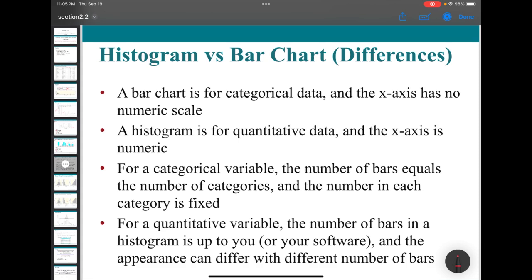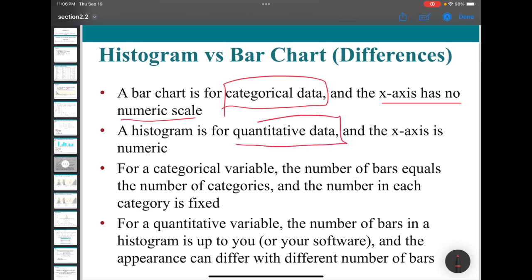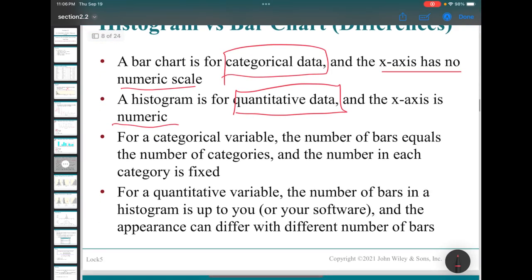In the next slide, you can see I have clearly mentioned those things using bullet points. A bar chart for categorical variables, so categorical data. x-axis has no numerical values. A histogram for quantitative data. That's the difference. And x-axis is numeric. It represents numerical values. For categorical variables, bars equals the number of categories.